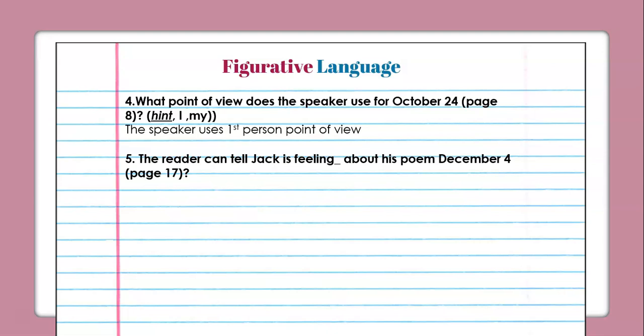Last 15 seconds. And time. Let's go back and reread December 4th.